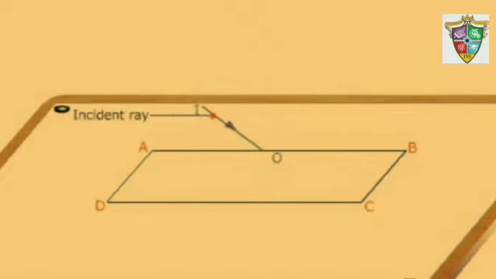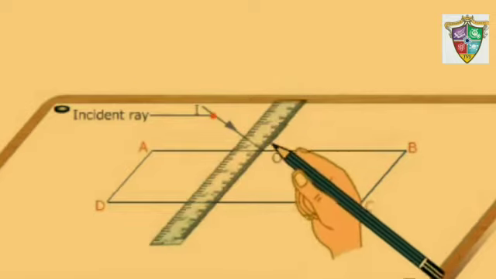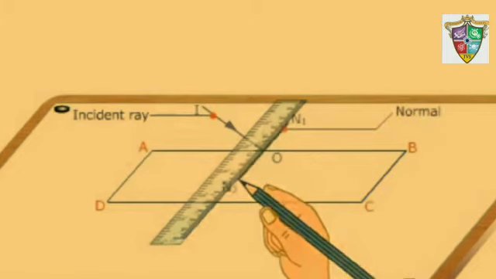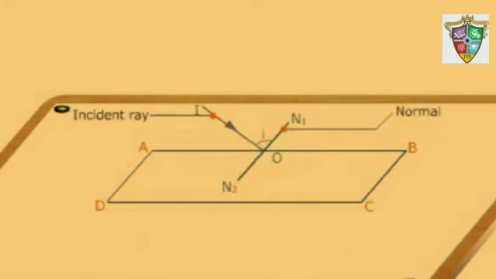Say I. This is known as the incident ray striking at the surface at O. We will make a perpendicular line to the surface AB. This is known as the normal, N1 N2, and i is the angle of incidence. We will fix two pins on the incident ray.